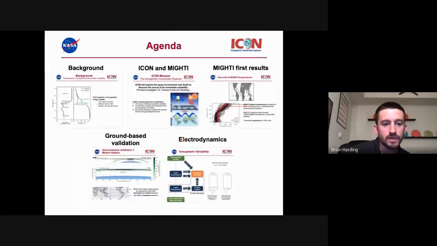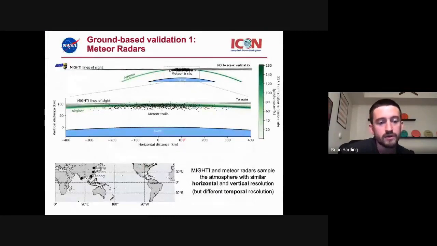Okay, I'd like to say a little bit now about our efforts to validate the MIGHTY measurements using observations from the ground. So I'll go through two examples here, one using meteor radars and one using Fabry-Perot interferometers.